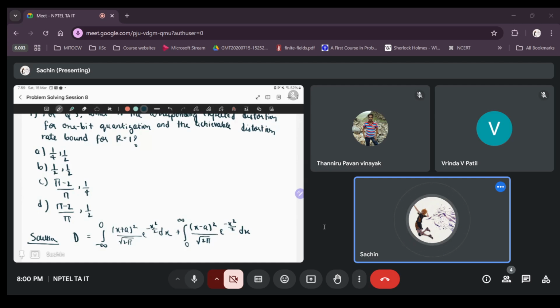The expected value of x is the integral of x f of x dx from minus infinity to infinity. Here the expected value is of the square of the error.